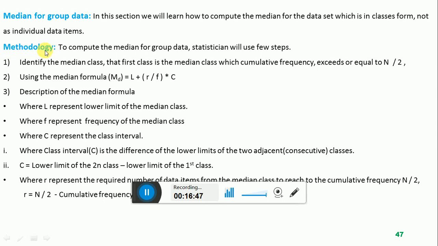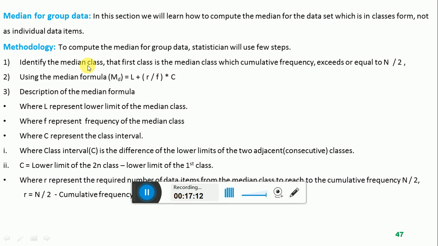Methodology, procedure: how can a statistician define the median? To compute the median for grouped data, a statistician will use a few steps. Step number 1, identify the median class. In the very first step, the statistician has to identify the median class, that particular class in which the median will occur.